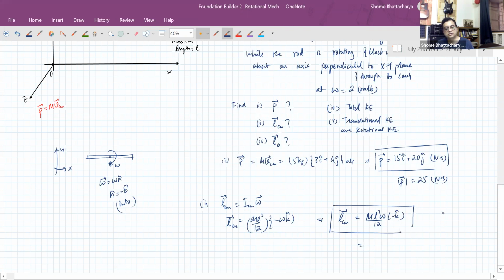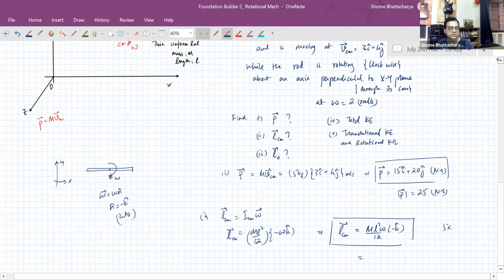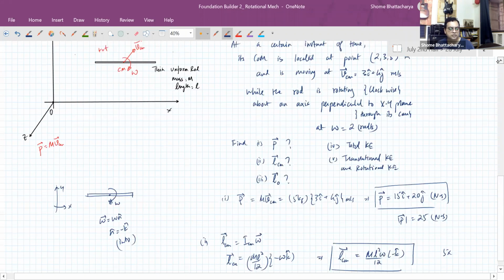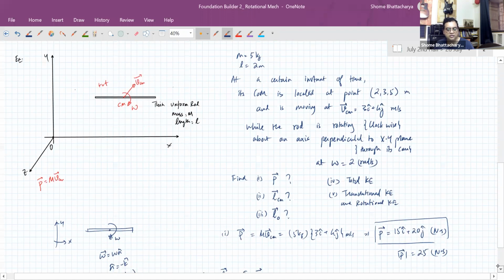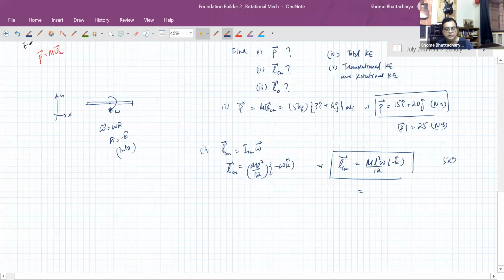So it's 5 into the length, which was 2 meters, I think, right? Yeah, 2 meters, and the angular speed is 2 radians per second. So 5 into 2 square into 2 by 12. That's 10 by 3, right?